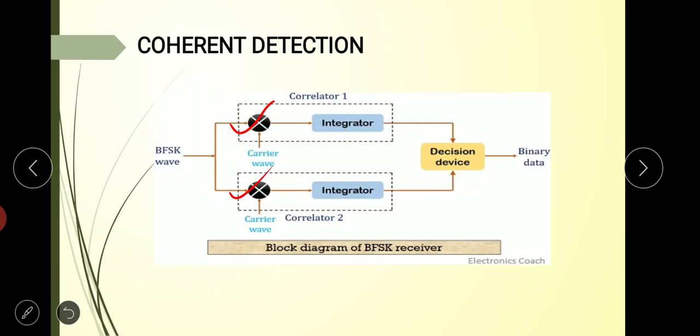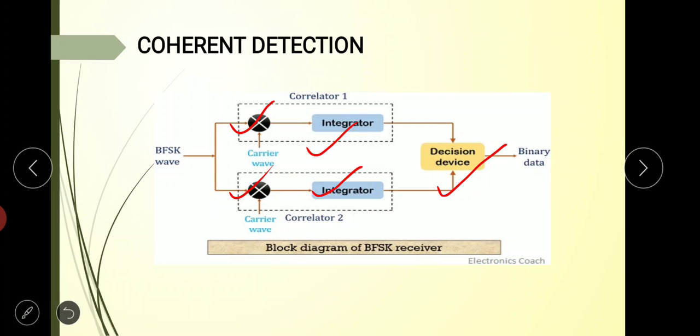Then the output generated by the mixer is fed to the integrator. The outputs of the two separate integrators are then compared by the decision making device. When the output of integrator 1 is more than that of integrator 2, then the frequency of the carrier generates the 1.